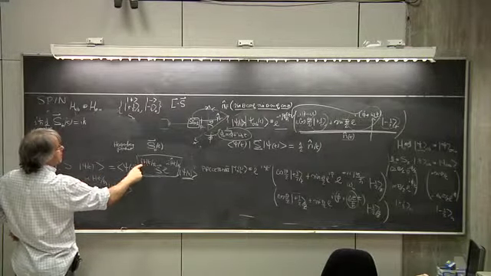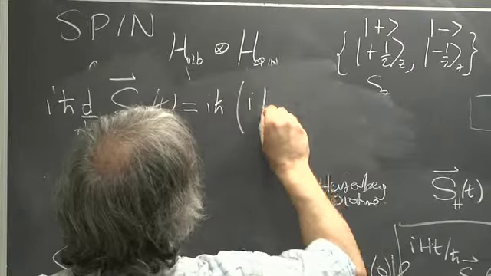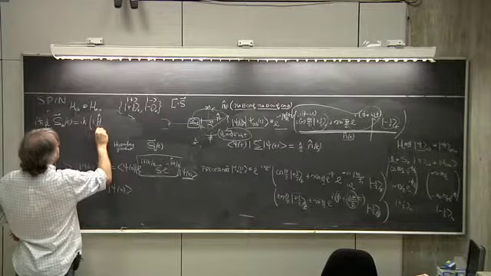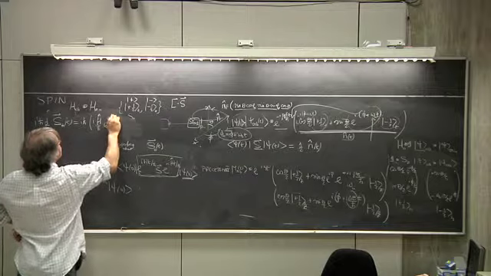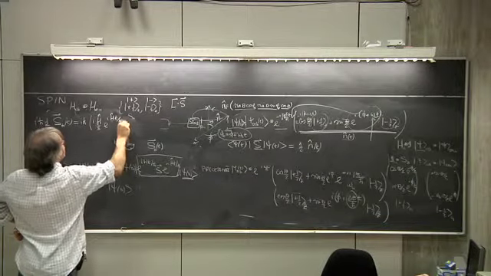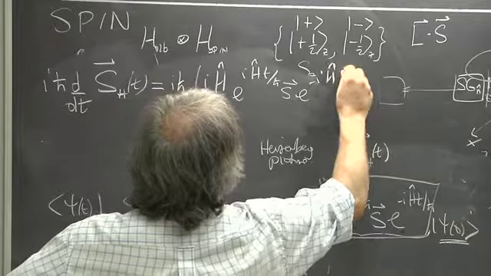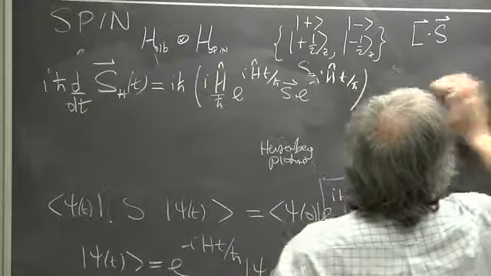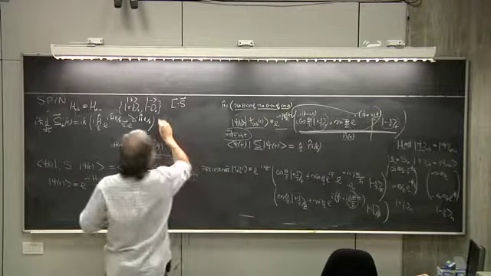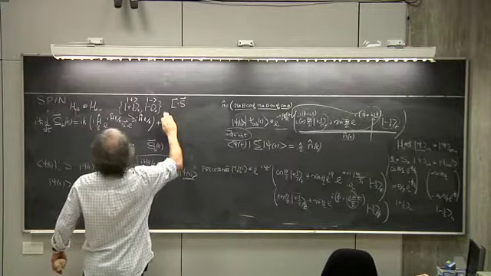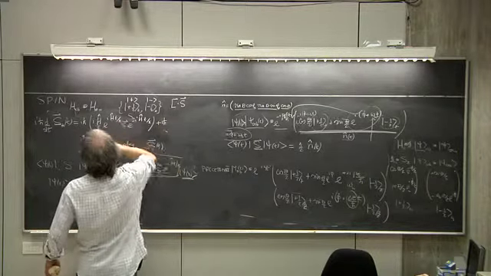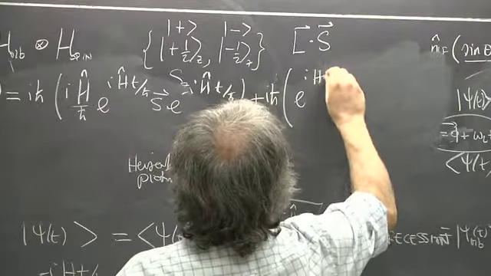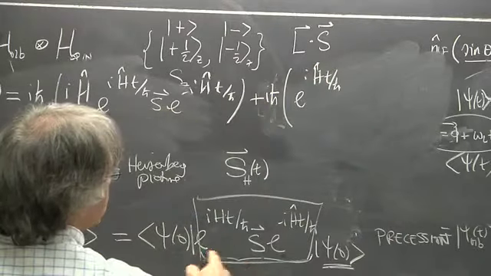If I take a derivative of this, I get i H down in front, over h bar, and then I get the same thing, S e to the minus i H t over h bar. This is one term. Then I get another term, again i over h bar, then e to the i H t over h bar. Now I don't touch this, I touch this.